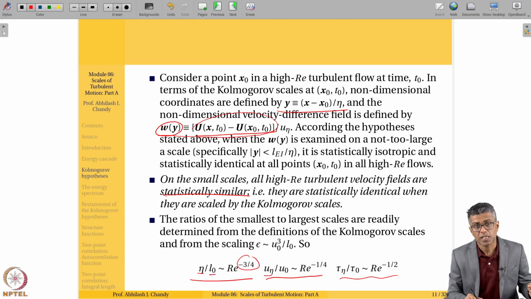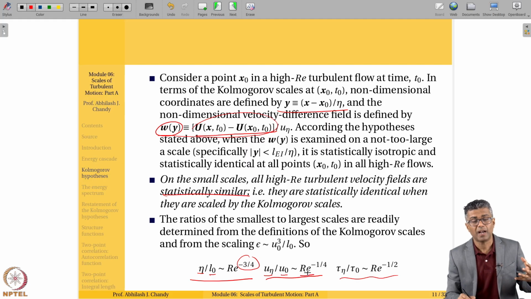The velocity scale of the smallest eddy divided by the velocity scale of the largest eddy is going to be a very small number again, because you have a very large number raised to a negative power, negative 1/4. Same goes for a very small time scale divided by a very large time scale; it is again a very small number.